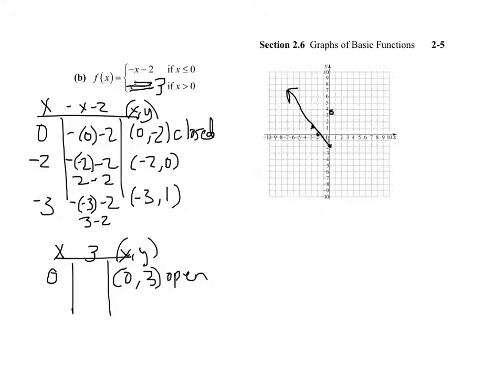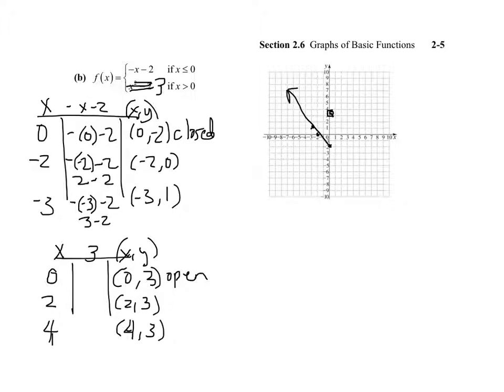So I'm going to put that on my graph. Sorry, I kind of missed on that. It should be at 0, 3. Let me scoot it over just a little bit. Let's go for another x greater than 0. Let's say x is 2. That means I have 2, 3. And let's go with maybe 4. And that would mean I'd also have the ordered pair 4, 3.